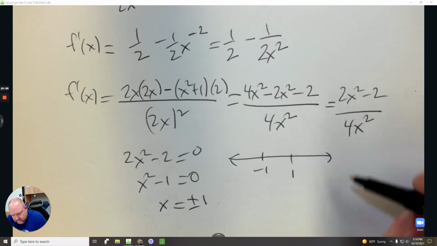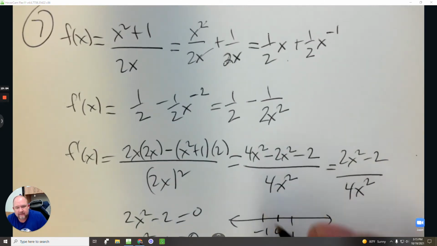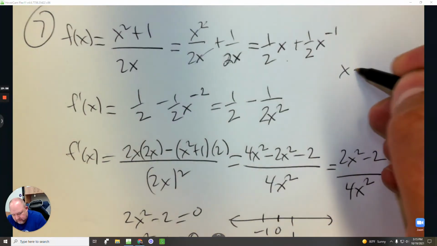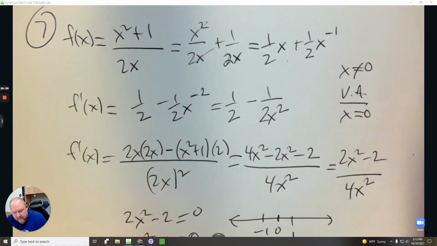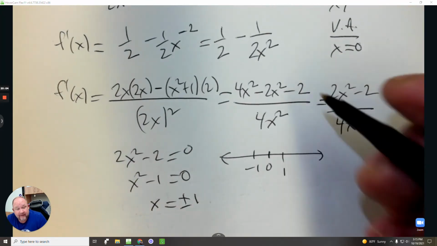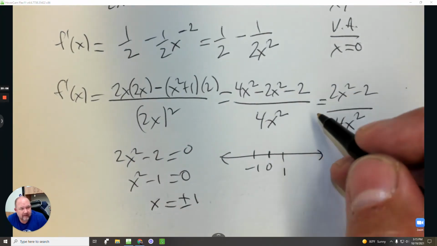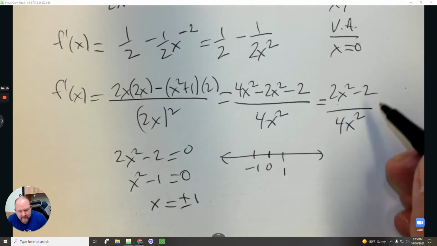We also have a critical number at 0, because x can't equal 0. And there's a vertical asymptote there. It's not removable. So when I look at increasing and decreasing, if I plug in a -2, I get a positive divided by a positive.